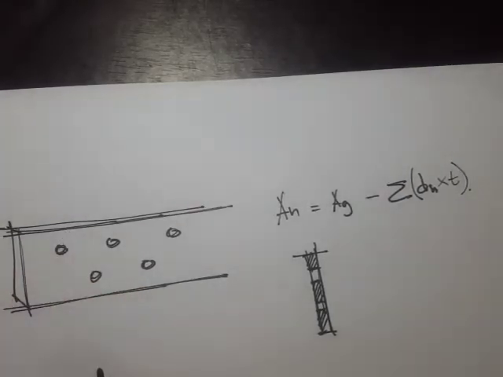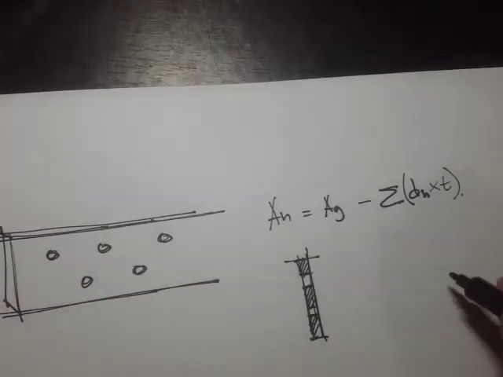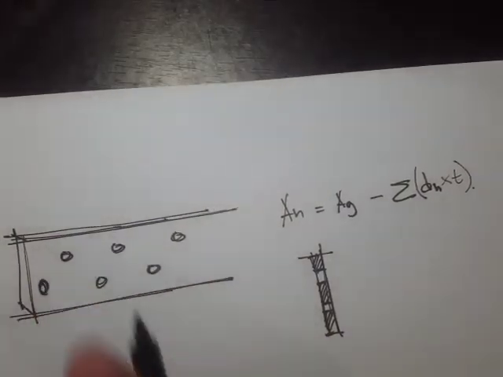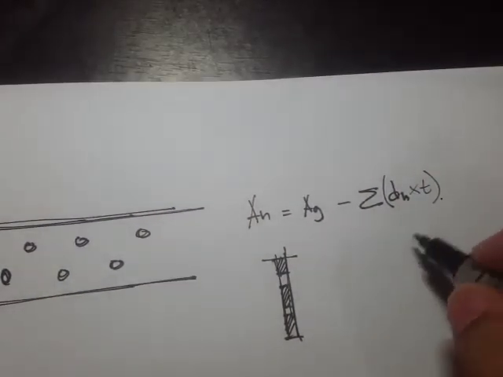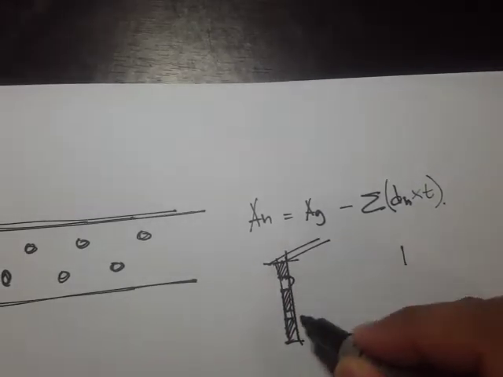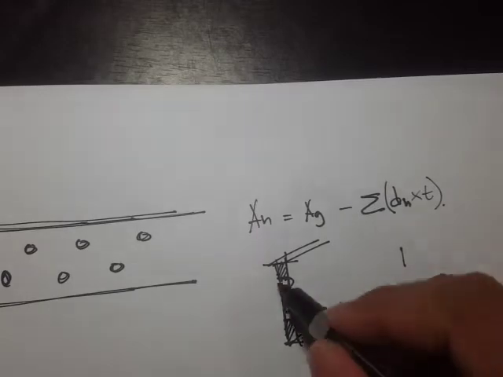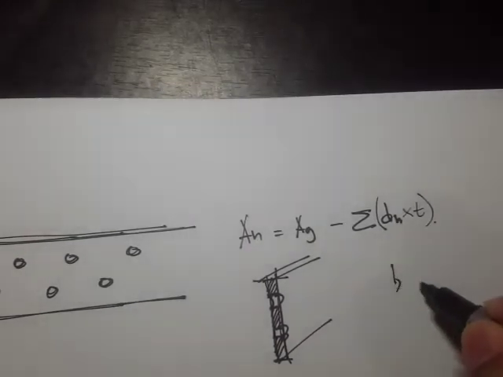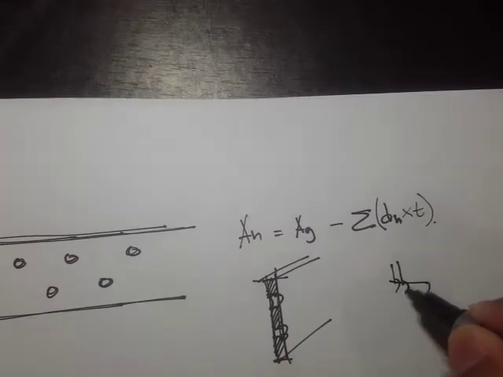Then if it's a staggered one, let's include another bolt hole here. So that's going to be something like this.